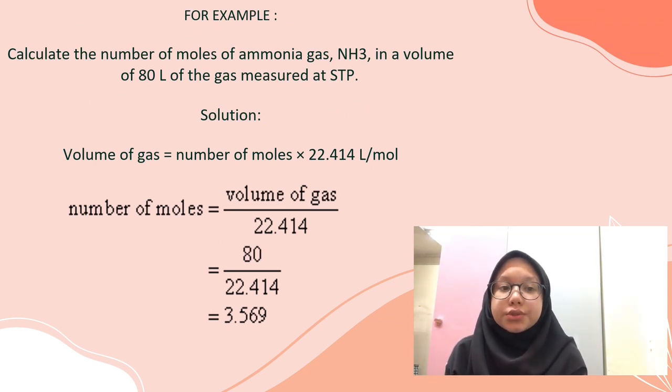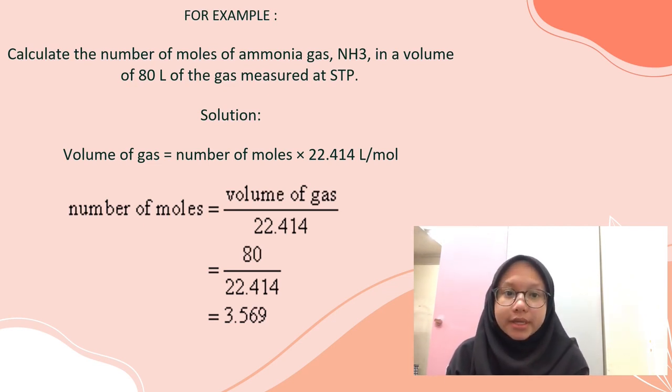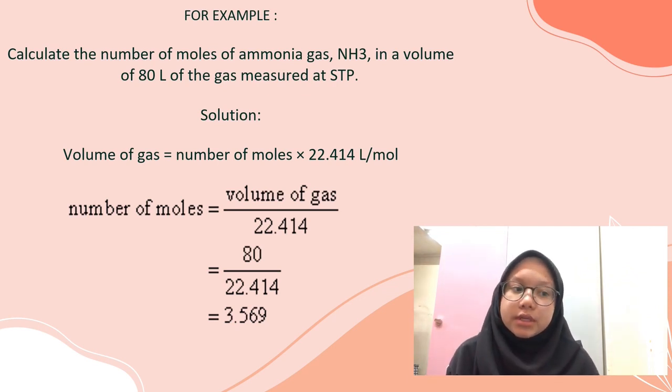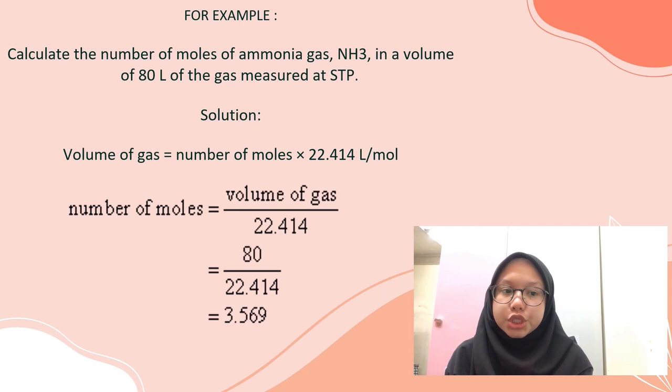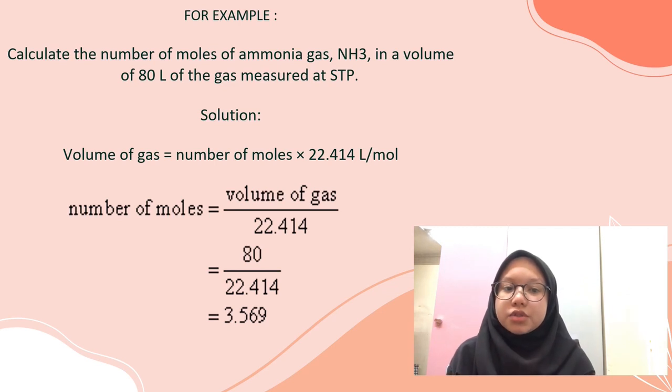So the next example is calculate the number of moles of ammonia gas, NH3, in a volume of 80 L of gas measured at STP. The solution is we use the same formula, which is the volume of gas equals the number of moles multiplied by 22.4 liters per mole.